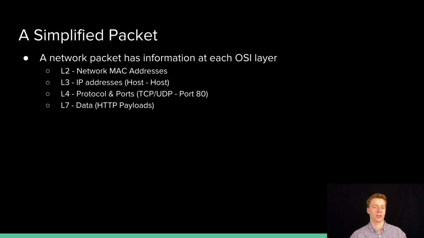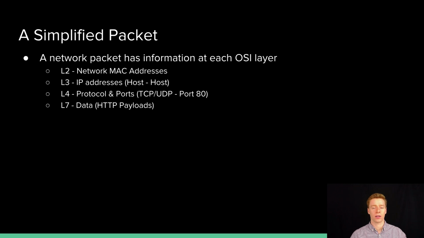Before we get started on that, we're just going to have a look at a simplified packet. Remember back to the beginning where we mentioned the OSI layers. This is where it becomes important. A network packet has specific information at layer 2, layer 3, layer 4, and layer 7. Layer 2 is the MAC address, the burned-in hardware address on each device.